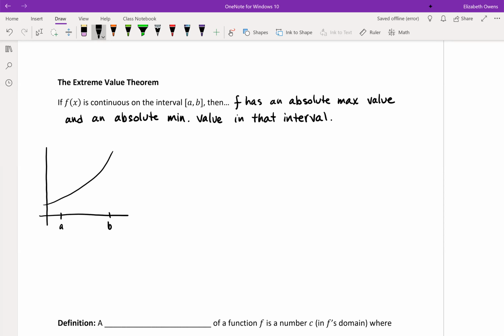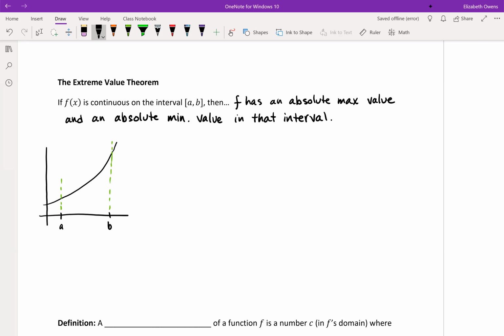So if our function looks like that, we are just focusing in on the interval from A to B. So just between those green lines, all right, even though the function continues outside of that.